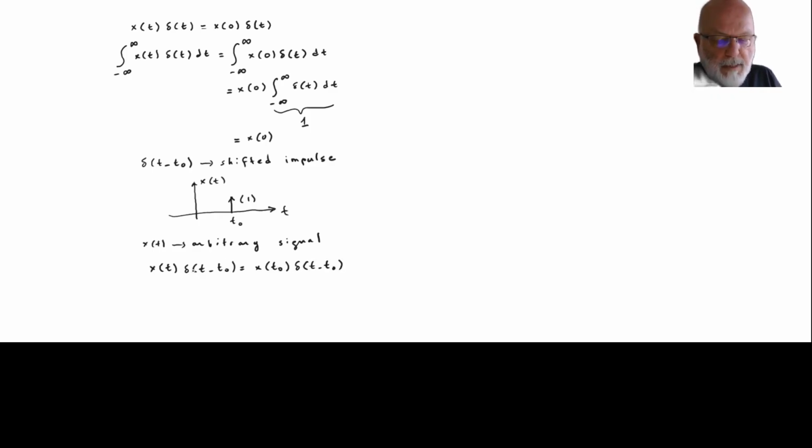Because delta of t minus t0 is 0 everywhere except t equal to t0, where it has infinite magnitude. Therefore, the value of x of t can be replaced by x of t0. And it is clear that the integral of x of t times delta of t minus t0 integrated with respect to t is equal to x of t0. This is again the sampling property of the impulse, now for the shifted impulse.